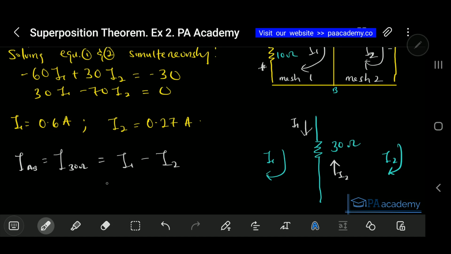So that will give us 0.64 minus 0.27, and that will give us 0.37 amperes. So again, the direction will be what? The direction of the one having the higher value, which is I1. So our I1 is facing the downward direction. So let's indicate it. Are we good?